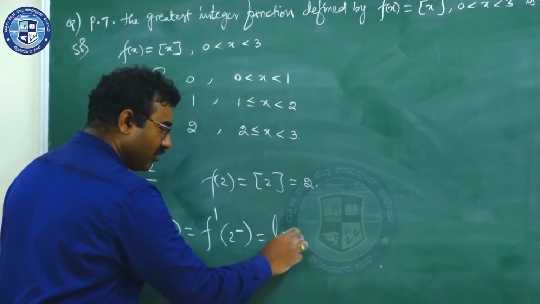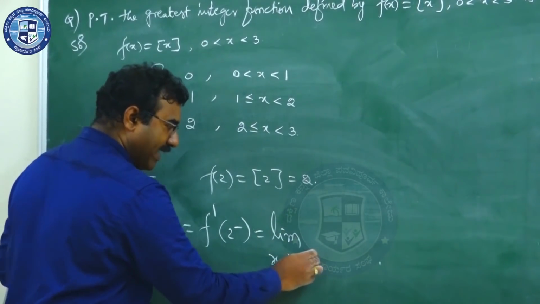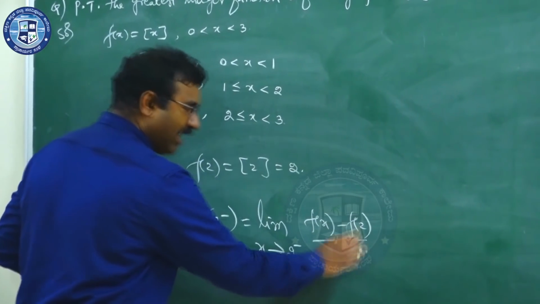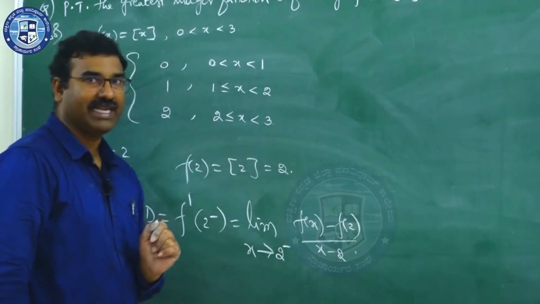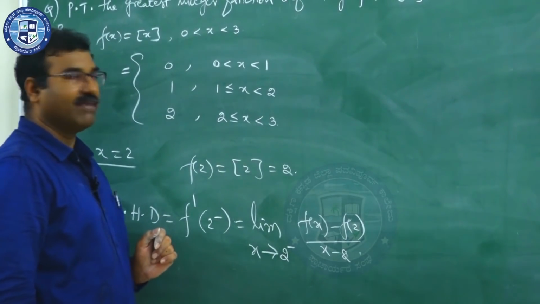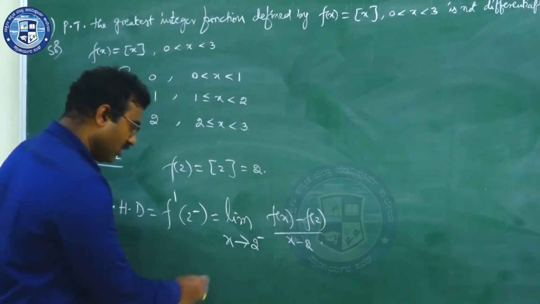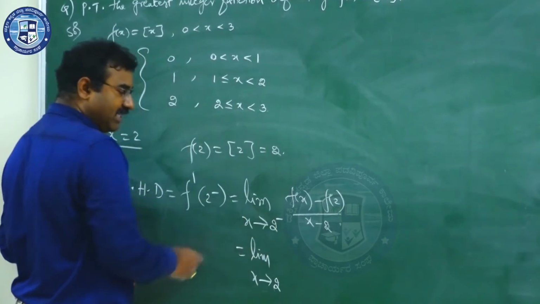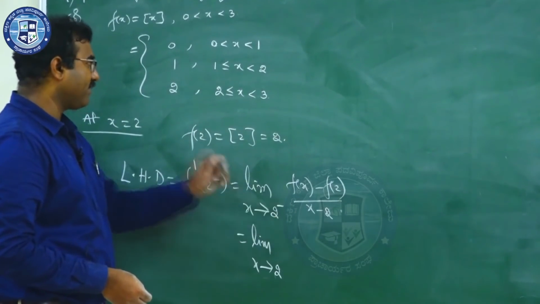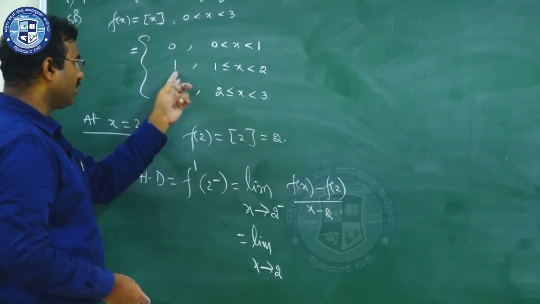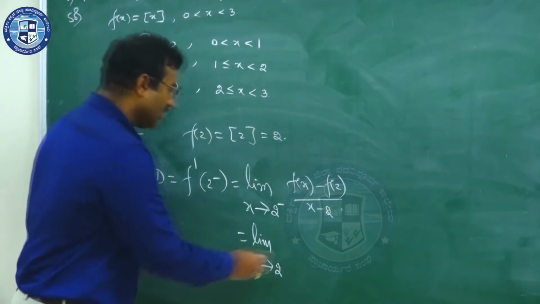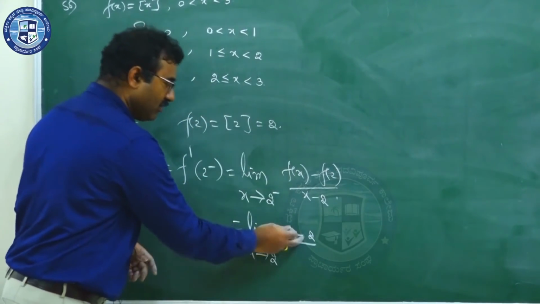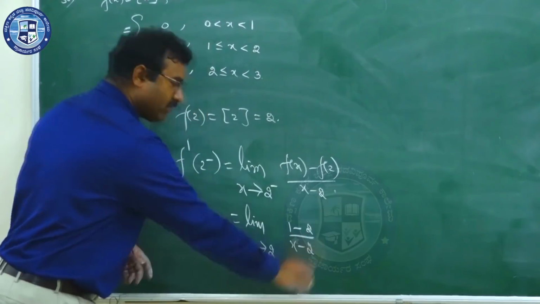So limit x tends to 2 minus, f(x) minus f of 2 divided by x minus 2, because we have the formula f dash of a is limit x tends to a, f(x) minus f of a by x minus a. That formula I used. So limit x tends to 2 minus, that means x is approaching 2 from left, that means x is less than 2. So what function do I have to use? 1. So 1 minus f of 2 value, we have 2, divided by x minus 2.